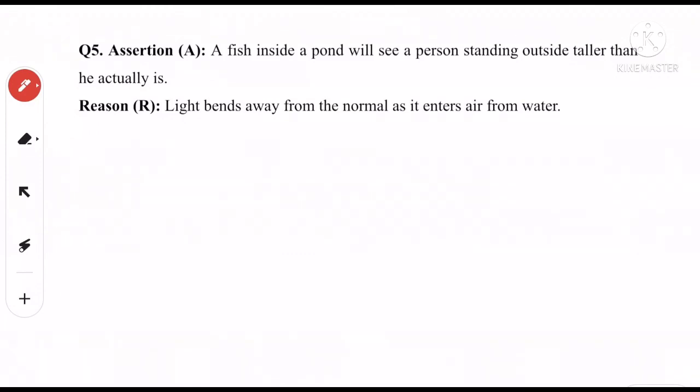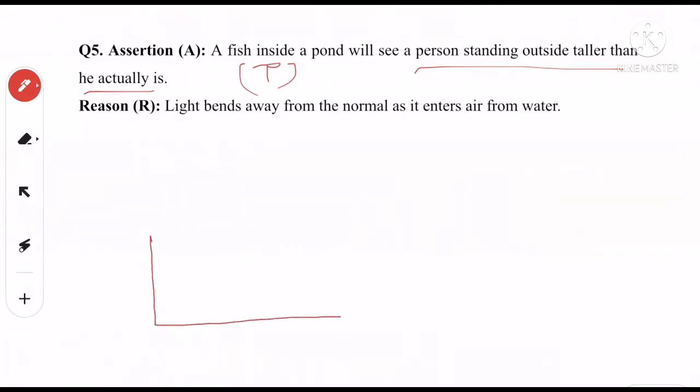A fish inside a pond will see a person standing outside taller than he actually is, correct statement. This is true. And light bends away from the normal as it enters from water to air.